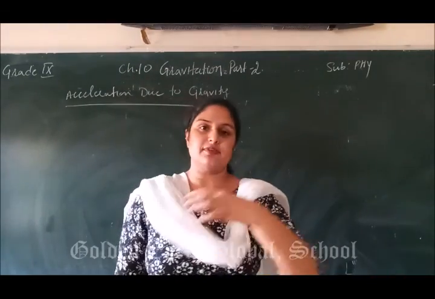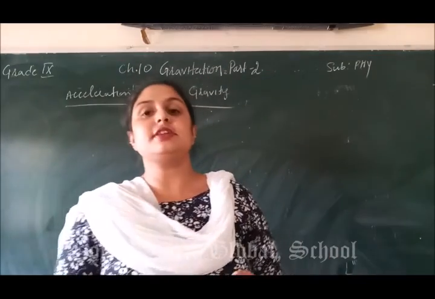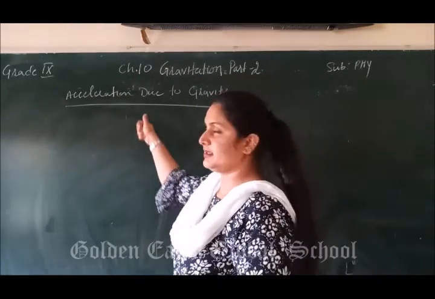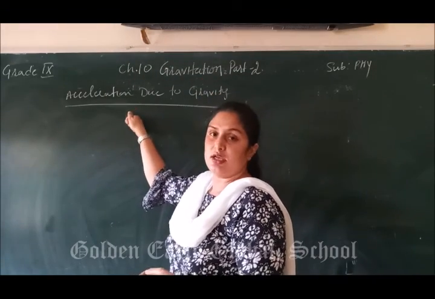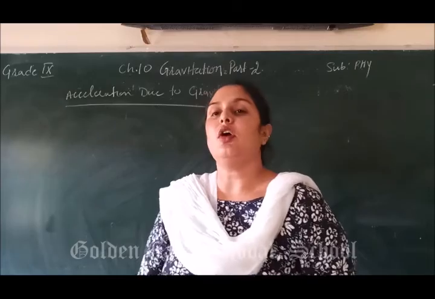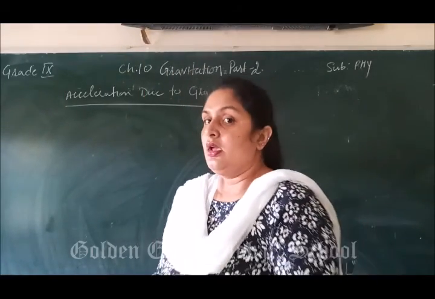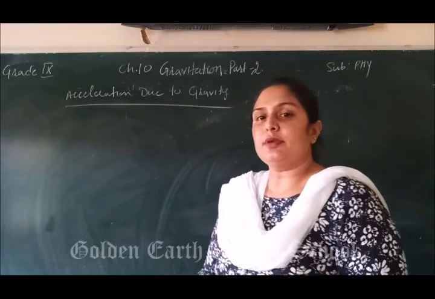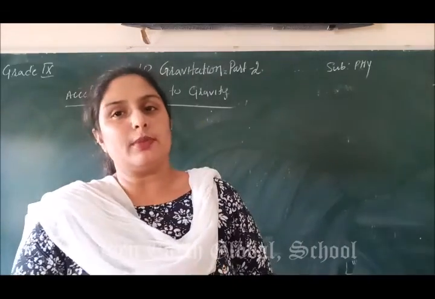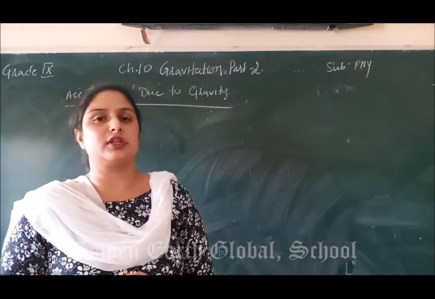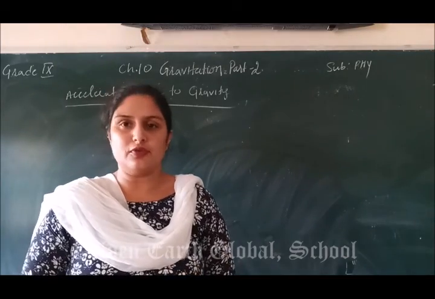Acceleration, basically, is a physical term that defines the change in velocity of an object when some force is acting on it. When the force existing between two bodies is due to their masses, that force is called the gravitational force.